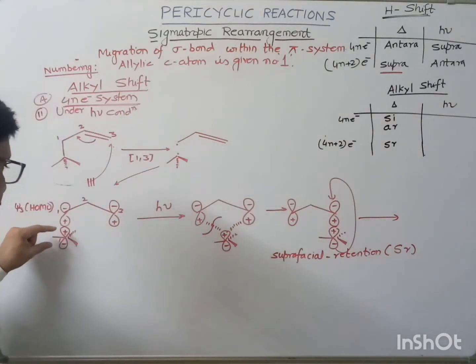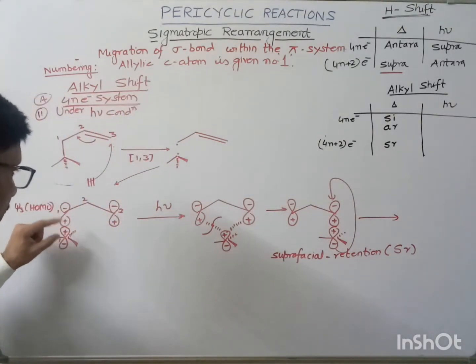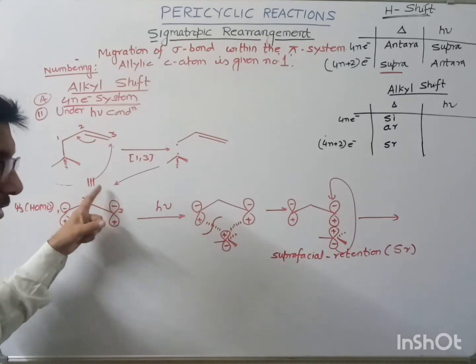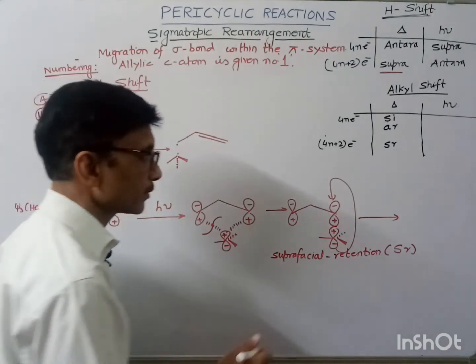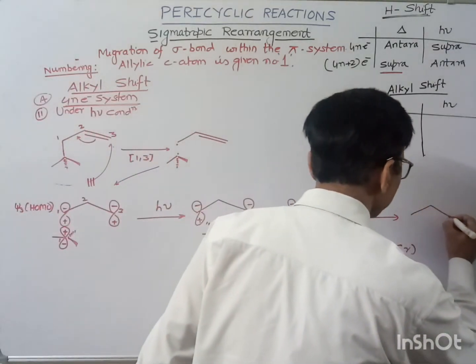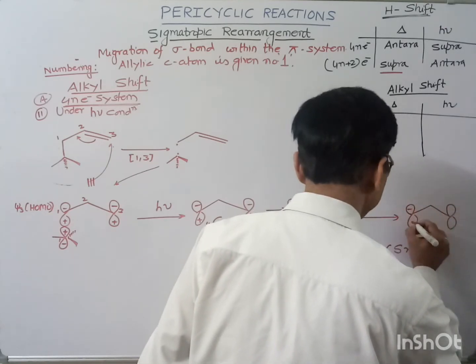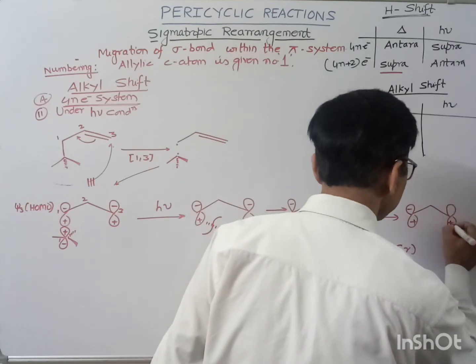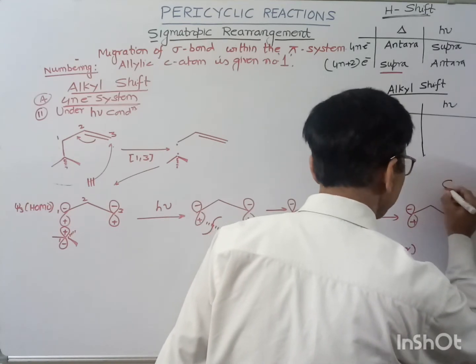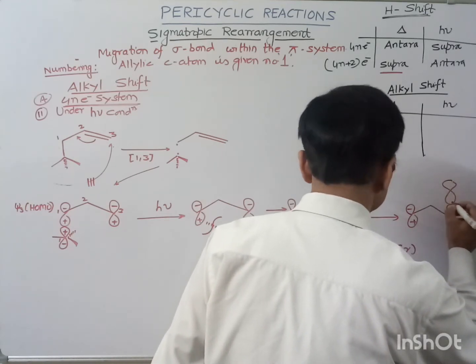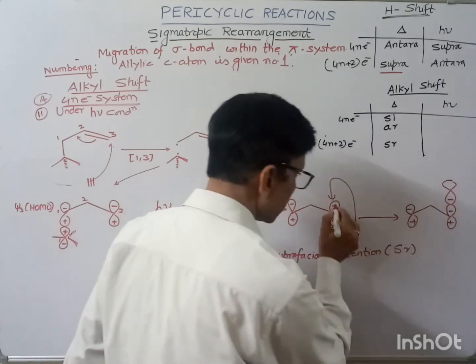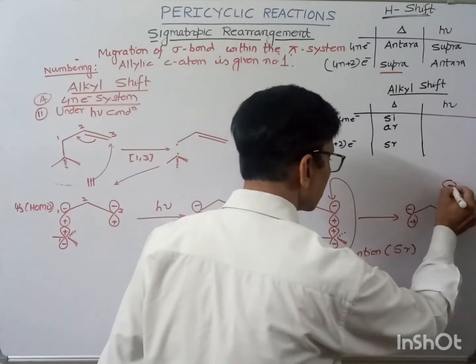Before the breaking of the bond it was here, after the formation of the bond it is here, that is, an antarafacial interaction is taking place. That is why we may write it in this manner: minus plus, plus minus, and this is a minus minus interaction. We have to show the minus minus interaction.